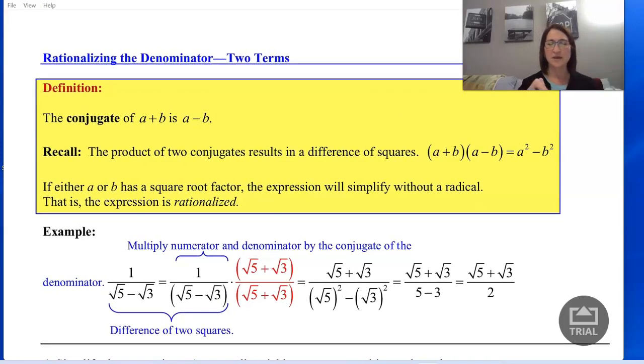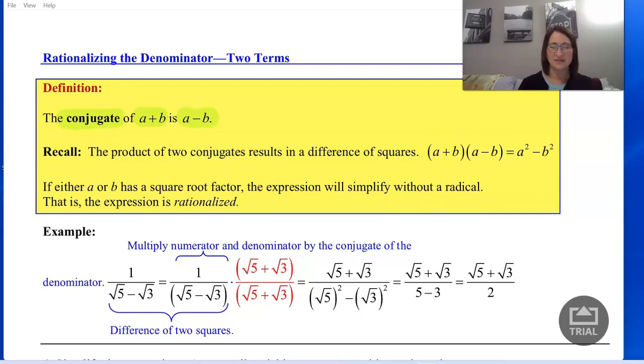What we're going to be using is the conjugate. So remember, if I have a plus b, my conjugate is a minus b. And when you multiply two conjugates that have radicals, the radicals go away.